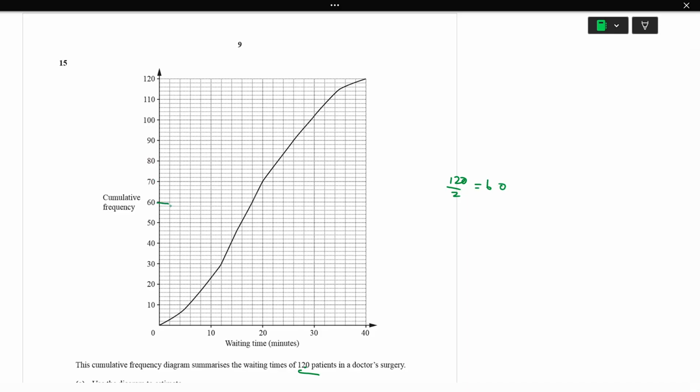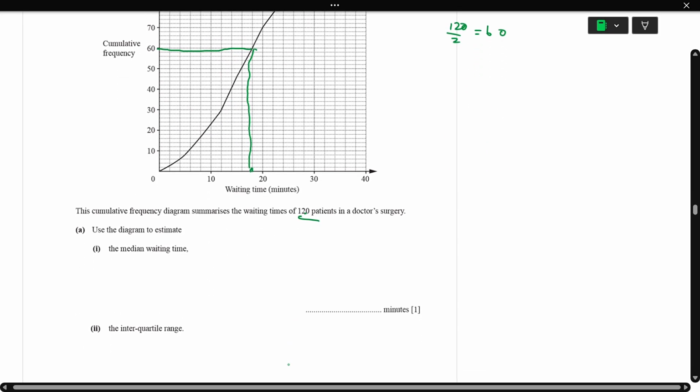So come to 60 here, and you need to use a ruler to get the proper value. Here from 10 to 20, each one carries 2 units: 2, 4, 6, 8. So the answer is 18. The median waiting time is 18.